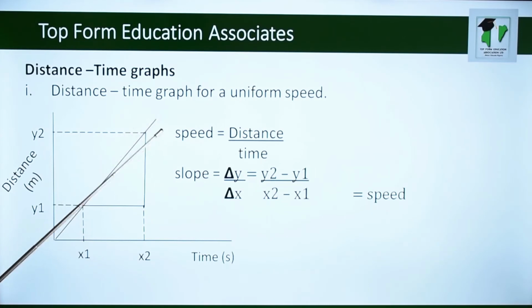It is always a straight line graph. I've told you the reason: it is a uniform speed graph. For you to get the speed, you take the slope, from the highest value of your distance, and then you have here as your y1 the lowest value of your distance.